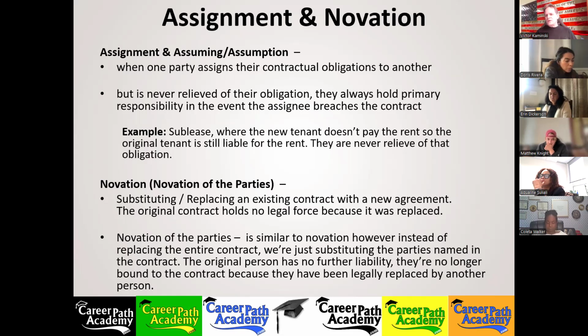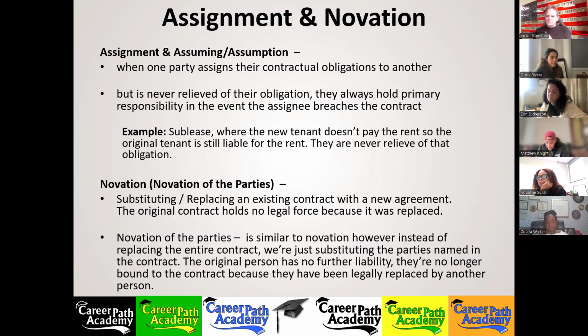Now, maybe you would like to sublease, but you don't want to be held liable. Is that possible in some way? Sure. It's called novation. Novation of a contract is substituting a contract with a new one. So now the old contract has no more legal force, but the new one took its place.